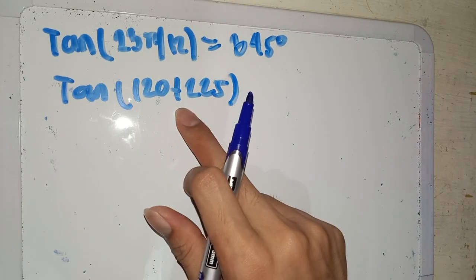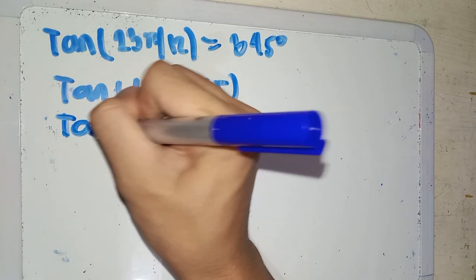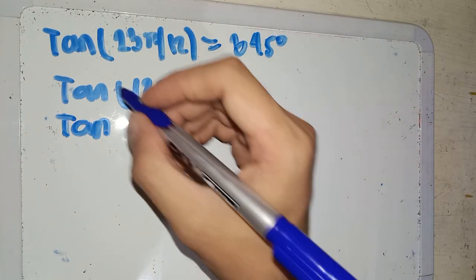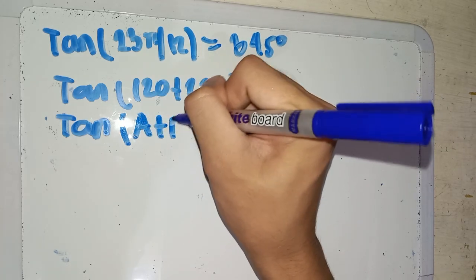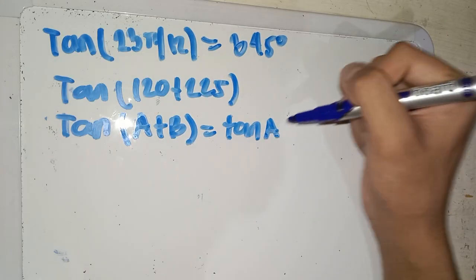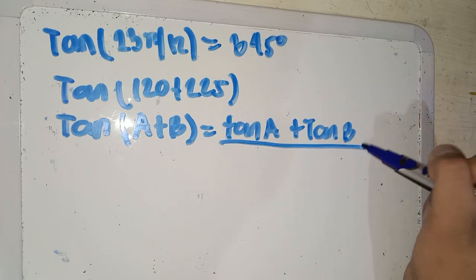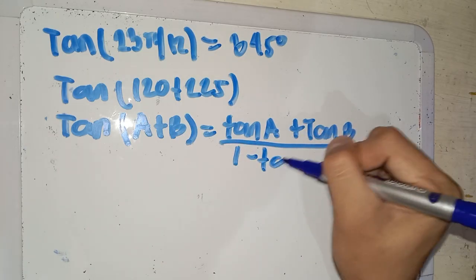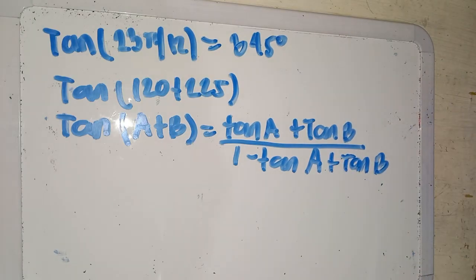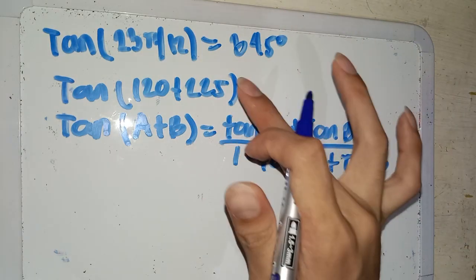So since it is addition, the formula that we are going to use is tan of a plus b is equal to tan a plus tan b over 1 minus tan a tan b. So a is 120 and b is 225.